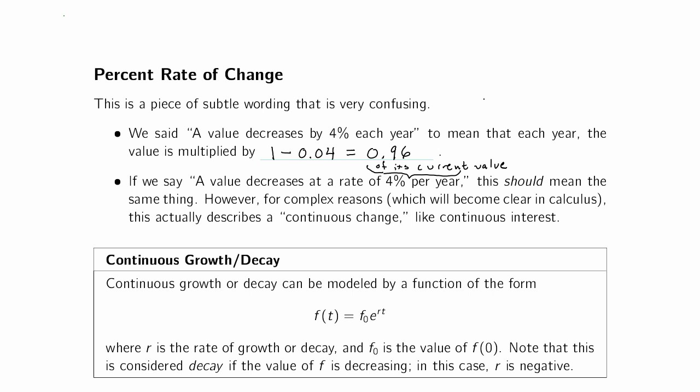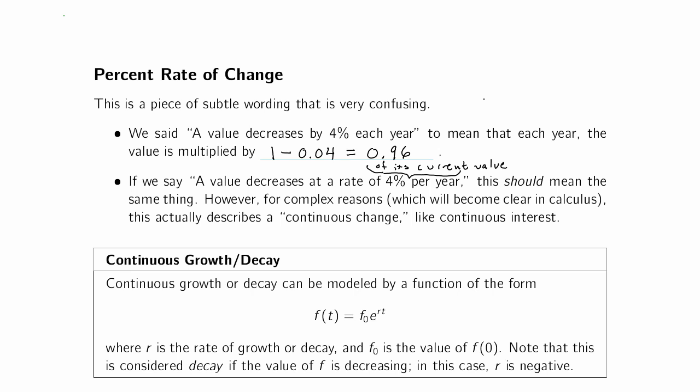And what this phrasing says is that at any given moment, the rate at which it's decreasing is 4% of its current value per year. If its current value is 100, at that instant it's decreasing at a rate of 4 per year. So, we need calculus to deal with that notion, but I can tell you now what the result is.